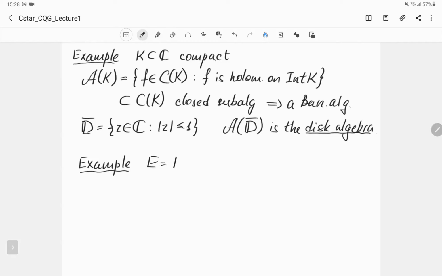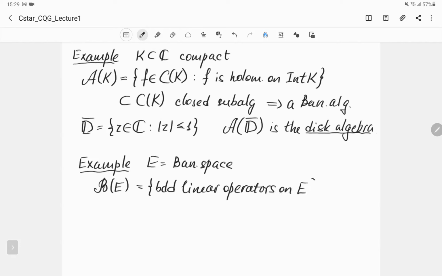So if E is a Banach space, then script B(E) denotes the algebra of all bounded linear operators on E. And it is a standard fact from functional analysis that this is a Banach algebra.